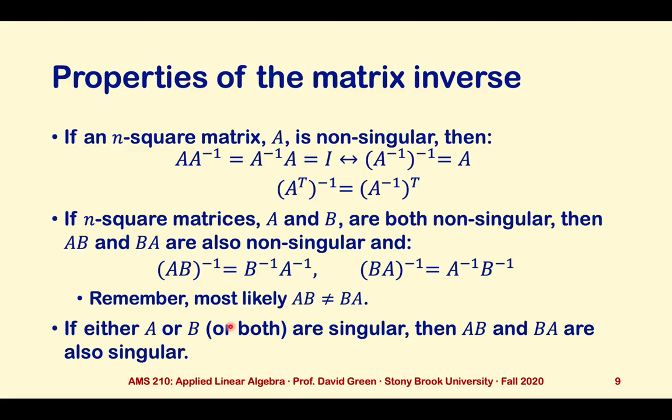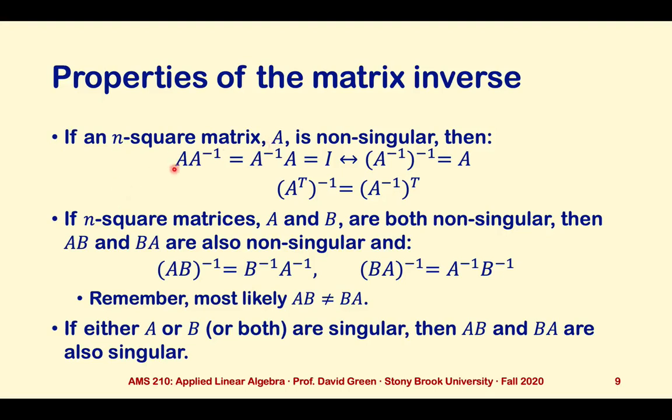Now what about some properties of this? Again, I'm not going to really demonstrate these or prove these here. I'm going to leave these for the time being as a statement. If we have an n-square matrix A that is non-singular, then the following things hold true.